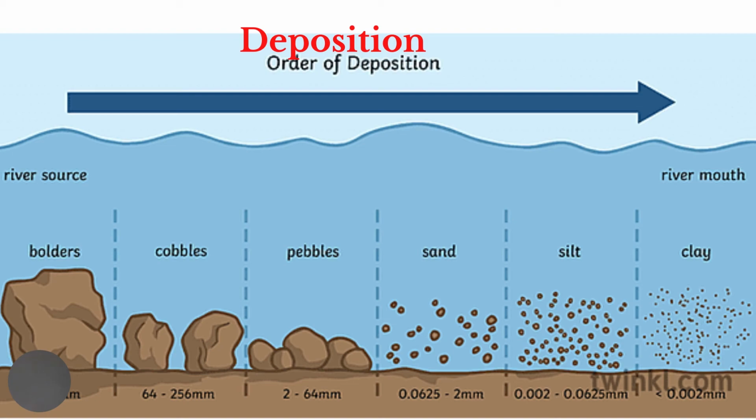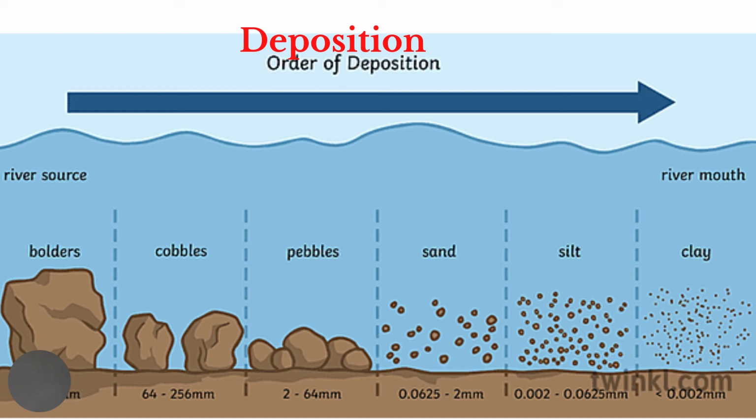Now, what are some of the ways that deposition can occur. Deposition will occur when there is low discharge following periods of low precipitation.